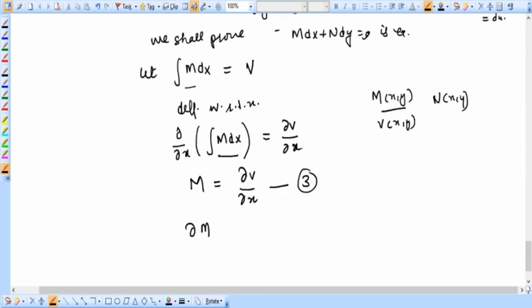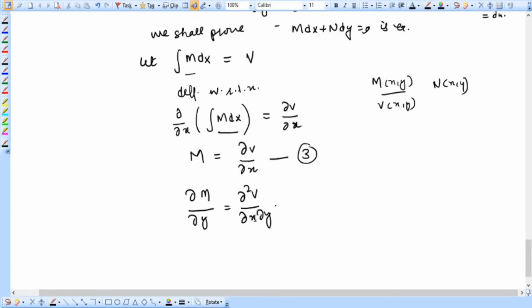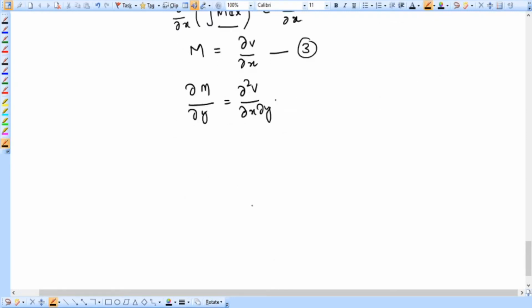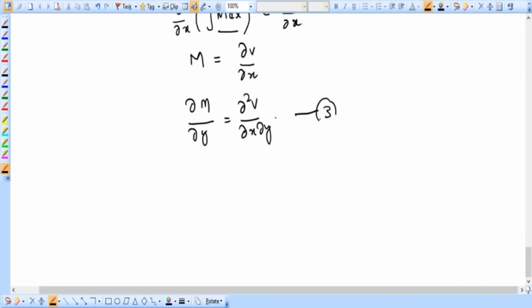Now differentiating one more time with respect to y, this would be the double derivative of v with respect to x and y. Give this equation number 3, because we are going to use it later, right?